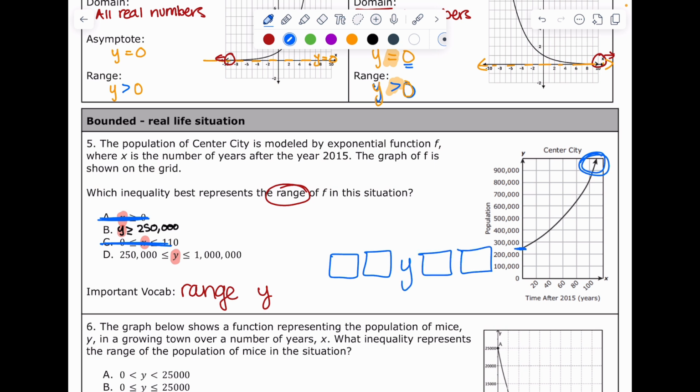So my lowest number is 250,000, and then my highest number is an arrow. So in my answer, I can only have y and a number. That means this one is wrong, so my answer would be B.